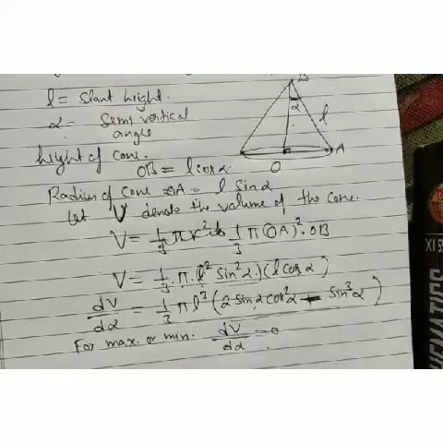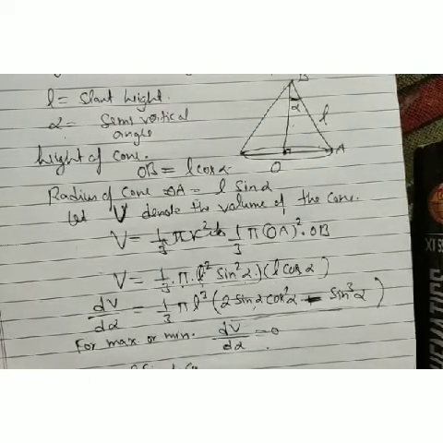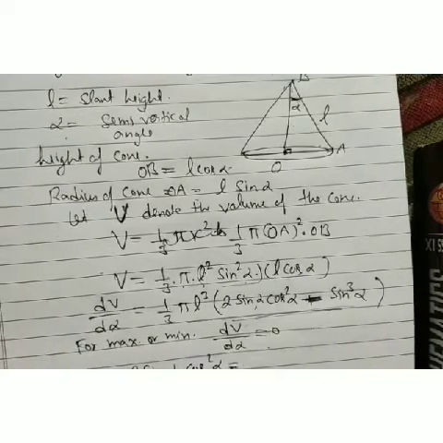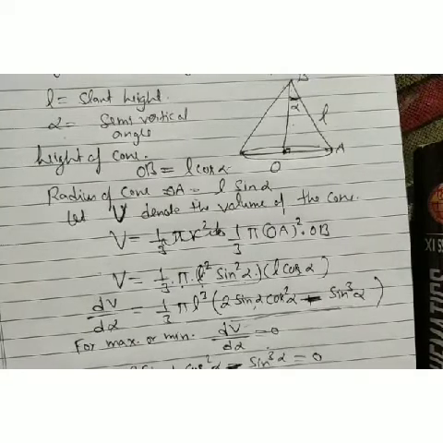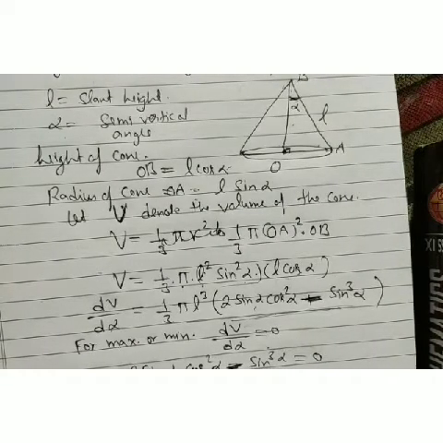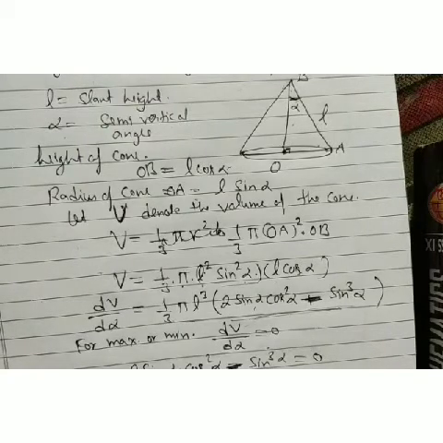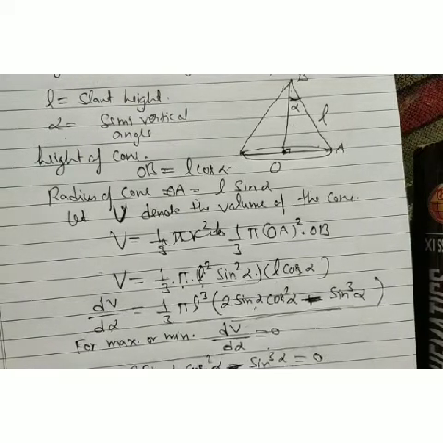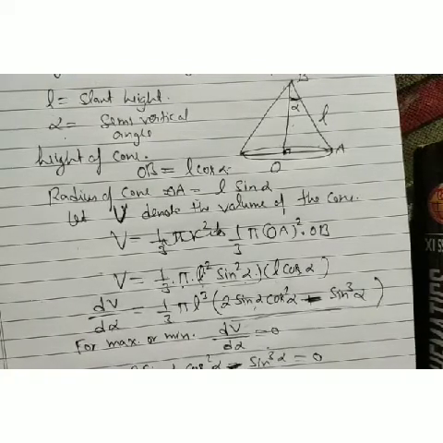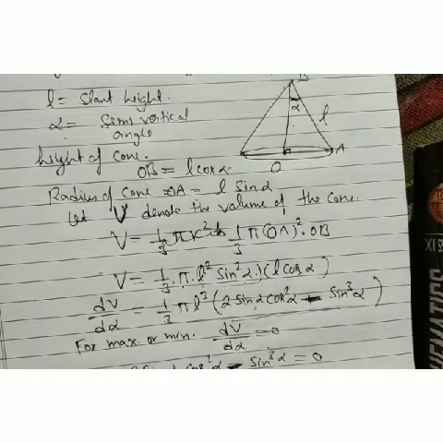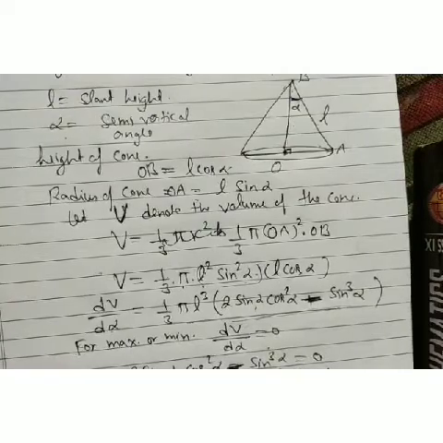Only this part is equal to 0: 2 sine alpha cos square alpha minus sine cube alpha equal to 0. Then we take sine alpha common. Then we have sine alpha times 2 cos square alpha minus sine square alpha equal to 0.